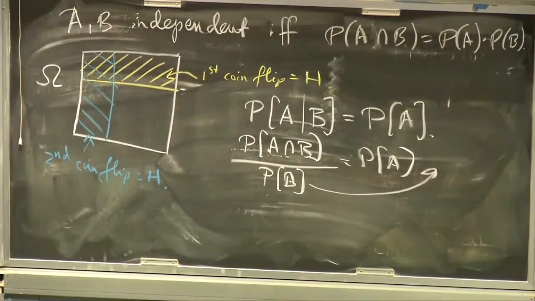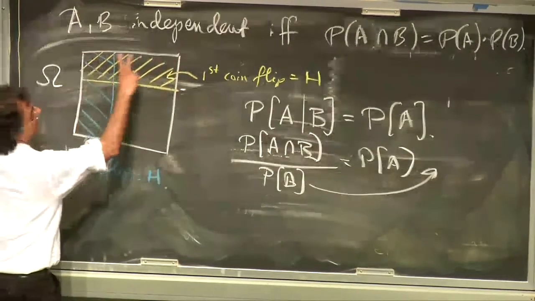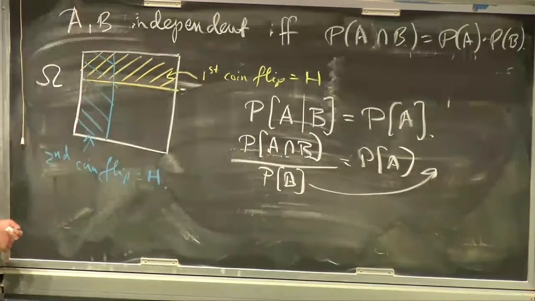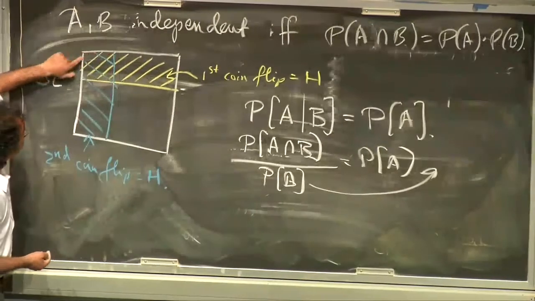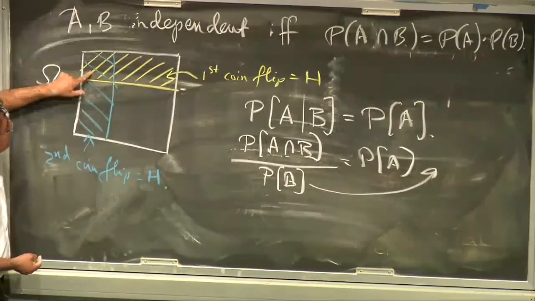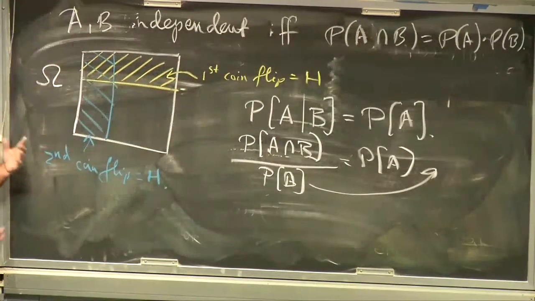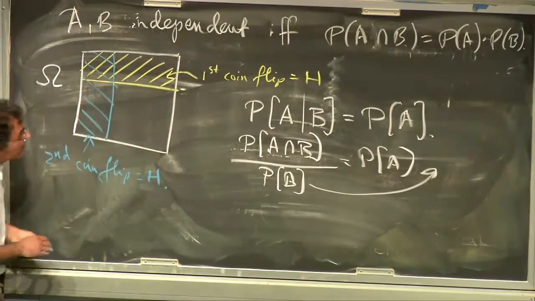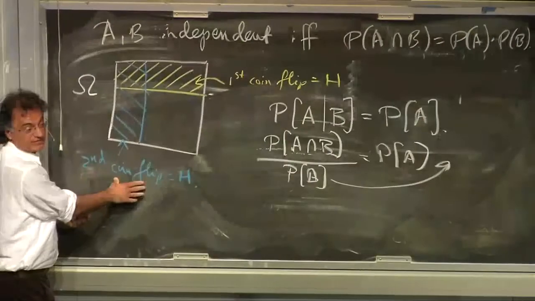And now you can see that once you know that A happened, once you know that the first coin flip happened to be a heads, what's the probability that the second one is heads? Well, it's this area divided by that area. But that's the same thing as this area divided by the whole area, just by the way I drew it. So knowing that the first coin flip is heads didn't change the probability that the second one is heads.